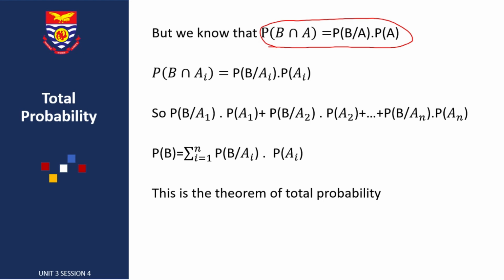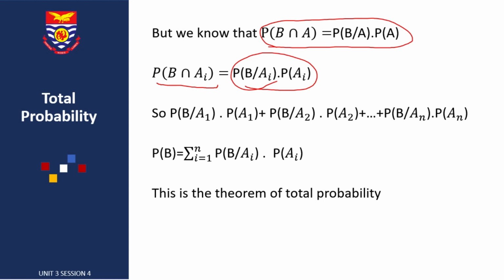So if the Ai are the various partitions, with i starting from 1 to n, where Ai gives us all the various partitions up to the nth term, this can be written as the probability of B given Ai times the probability of Ai.